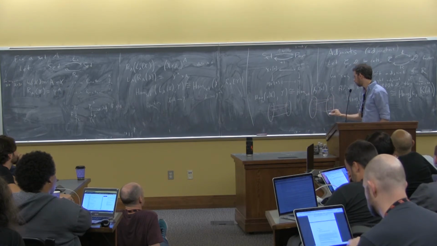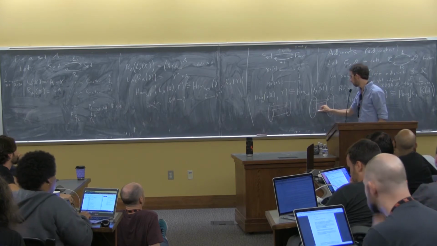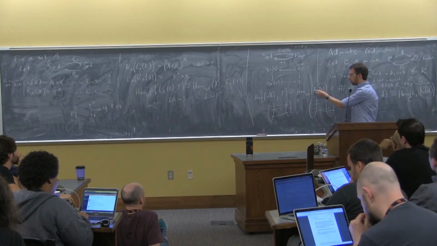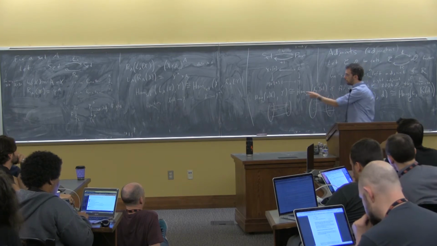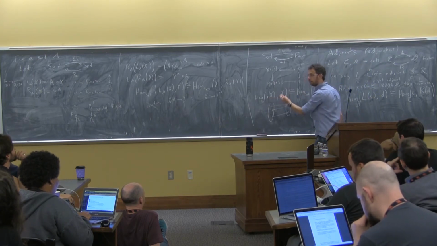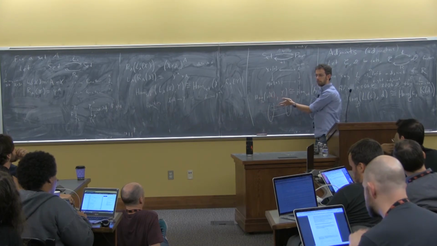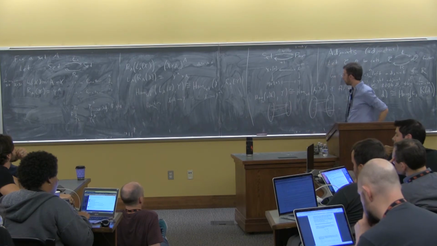Otherwise, I'll send it to +1, the nothing. And any map from x to y plus 1, some of the guys will go into y and some will go into 1. And the ones that went to y will give me ones in y over here. And the ones that went to 1 will be the partiality, the non-totalness. They'll be the ones that don't get mapped over here. So you couldn't do this if you didn't have that +1.